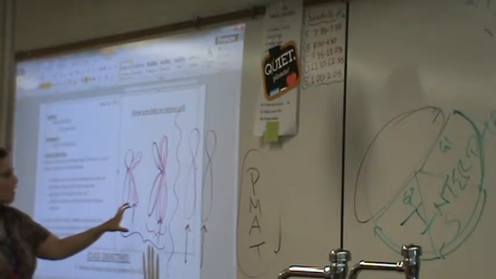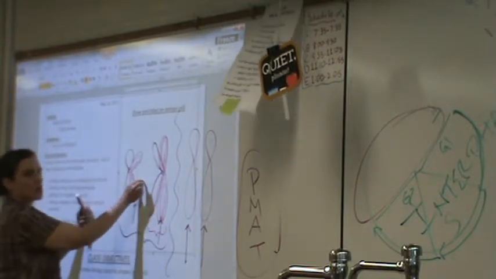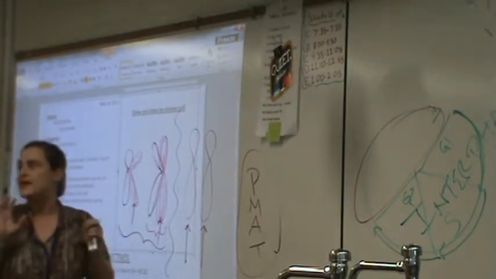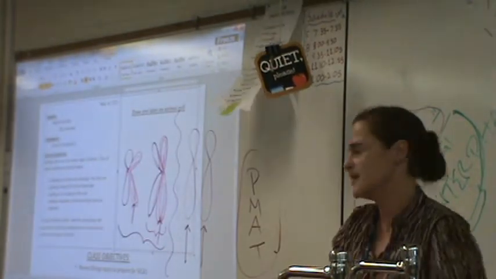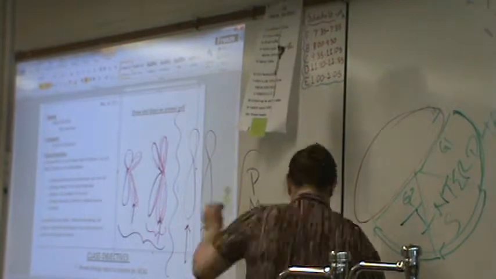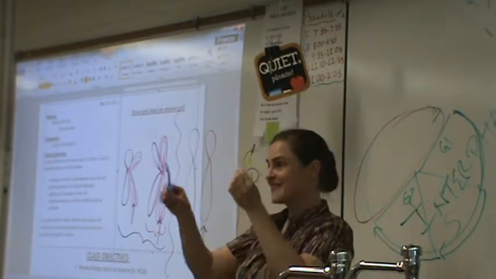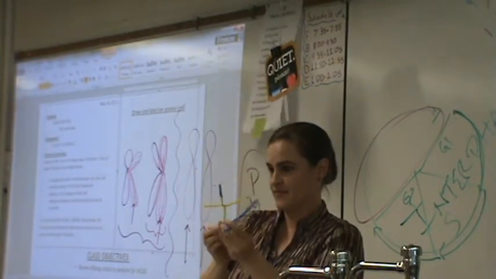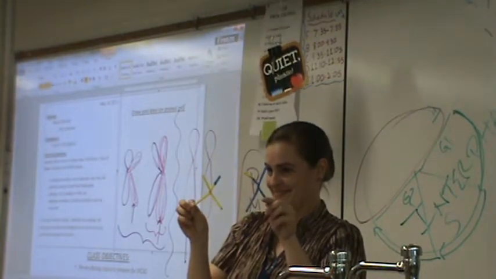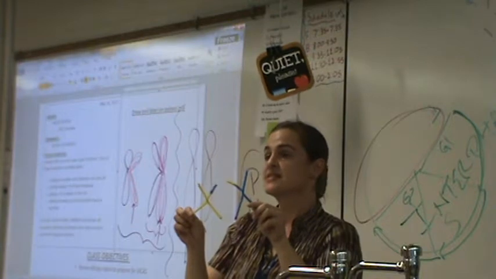There's a lot of stuff that goes on in meiosis 1. What happens in meiosis 1 before you separate your homologs? What is the big important thing that happens in meiosis 1? Crossing over. What does that mean? It's when the chromosomes switch pieces.